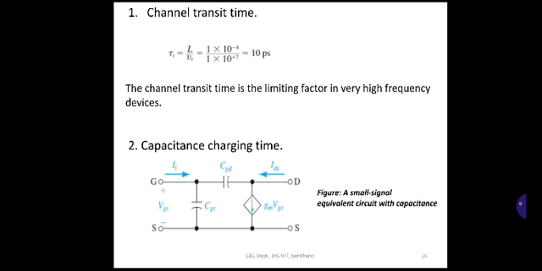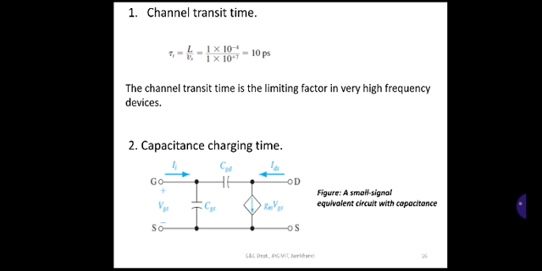Observe at the input side: as the frequency of the input signal voltage VGS increases, the impedance of CGD and CGS decreases.